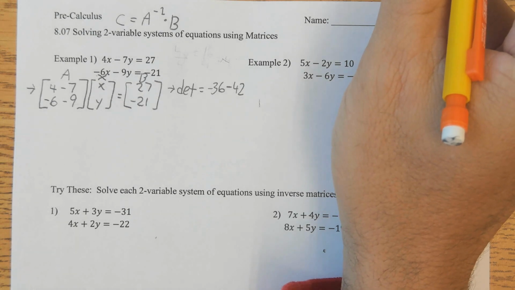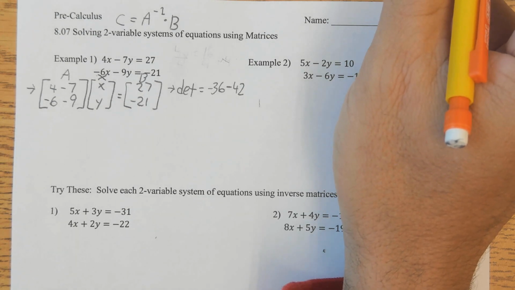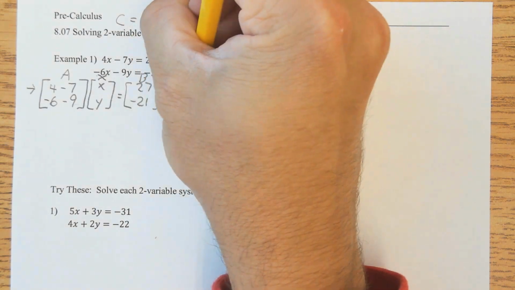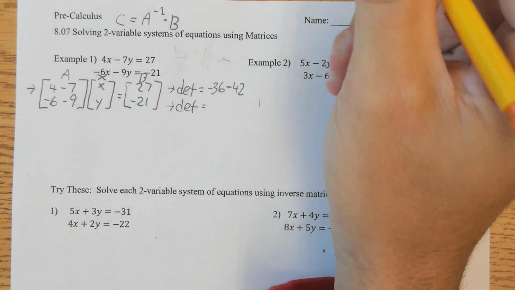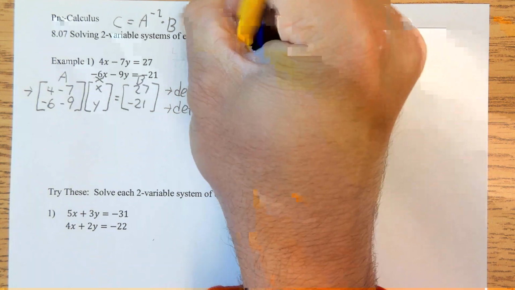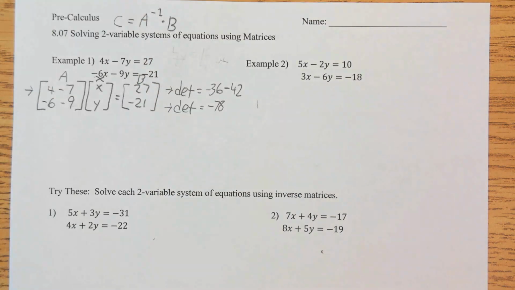So, yeah, this is a little ugly here, but that's okay. So -36 minus 42 means our determinant is going to equal, I can't think of that off the top of my head, I'm sorry, -78. Now, what that tells me is that I'm able to keep going here because that matrix has an inverse.